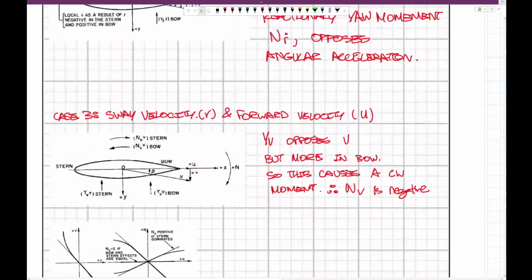Anyways, case 3 is sway velocity and forward velocity. So if you're moving in a diagonal direction here, as denoted with capital V, you can break that down into your U and your lowercase v. Well, what are the effects?